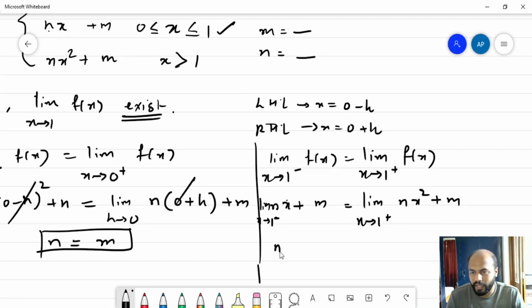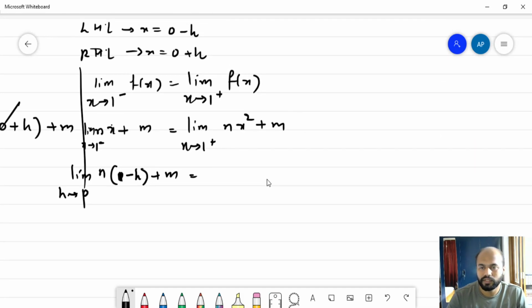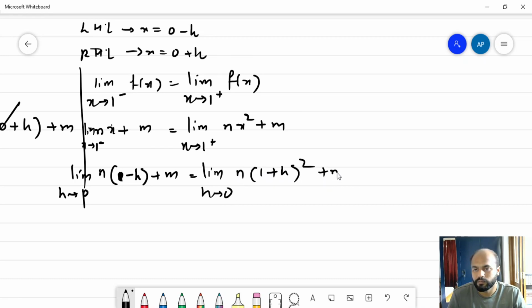So finally this is going to be limit h tending to 0 of n(1 minus h) plus m, equal to limit h tending to 0 of (1 plus h) the whole square plus n. So put h as 0 and what we get is n plus m is equal to 1 plus n.